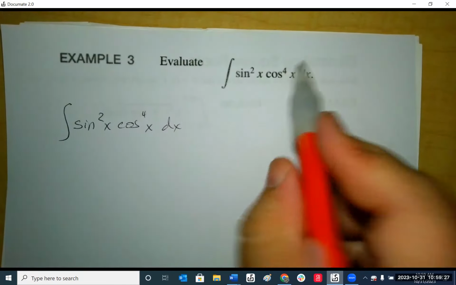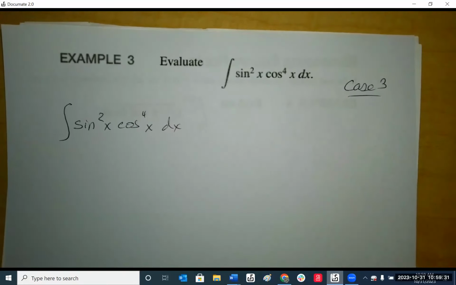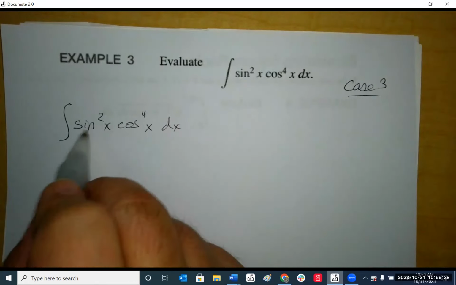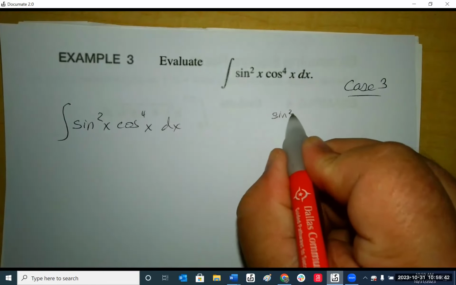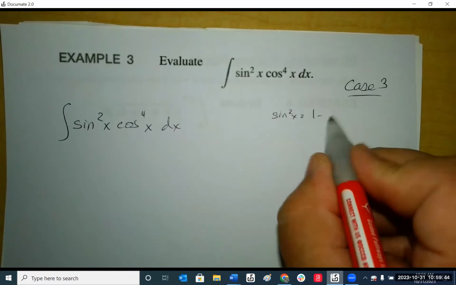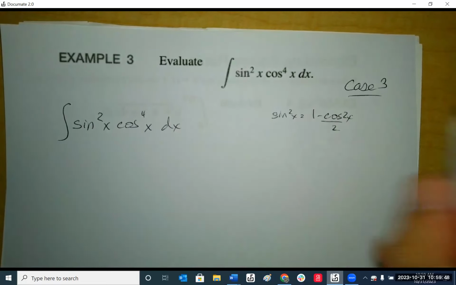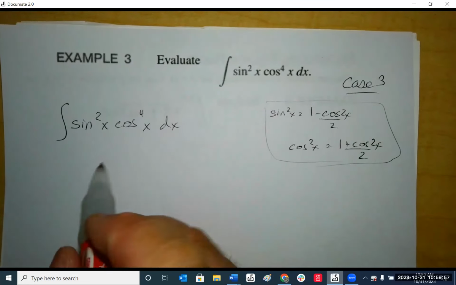M and n are both even, so this is a case 3 example. If you remember what we had, sine squared x was equal to 1 minus cosine 2x over 2, and cosine squared x equals 1 plus cosine 2x over 2. Those identities, that's what we're going to use here.